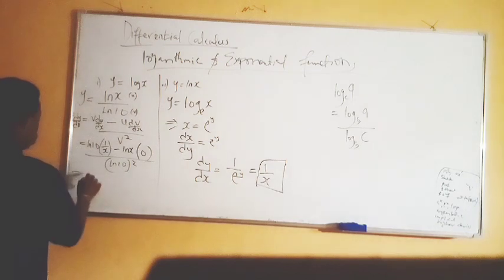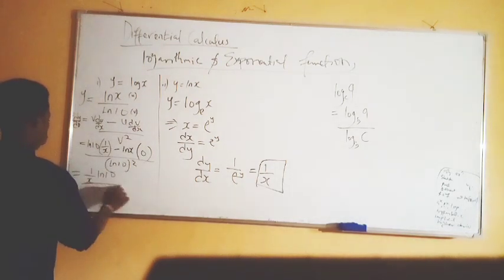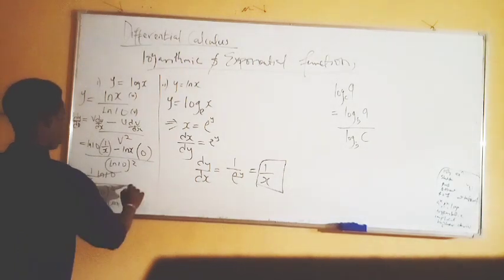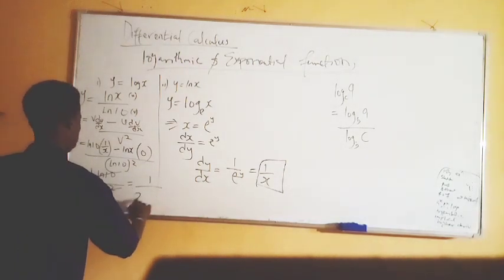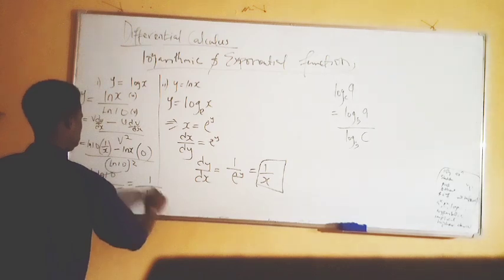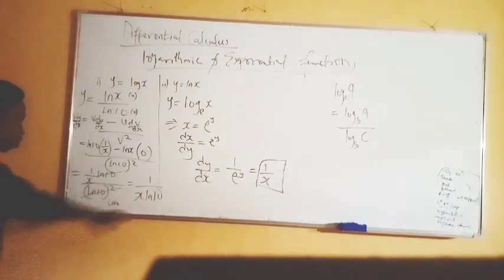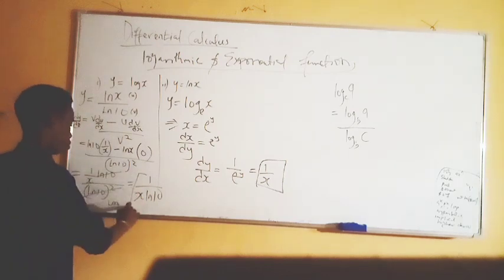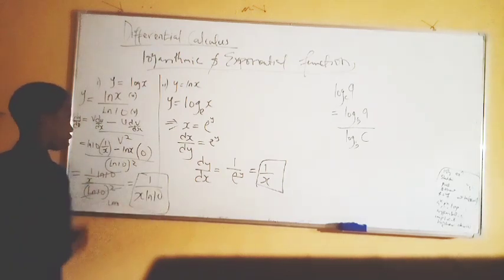So this gives me 1 over x times ln 10 over ln 10 all squared. Of course, this cancels out, one ln 10 here. This gives me 1 over x ln 10. So this is the derivative of the log function: 1 over x ln 10.